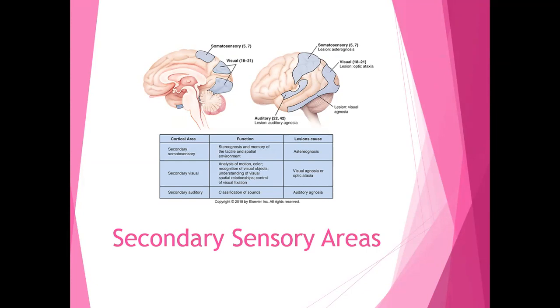And optic ataxia, of course, is discoordination of vision. So if you have optic ataxia, it could cause double vision, right? Diplopia. The secondary auditory cortex classifies sounds. So you hear a sound, you go, okay, it's loud and it's over there. And you go, oh, wait, I recognize that sound.